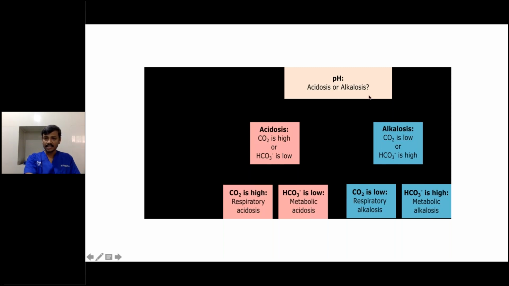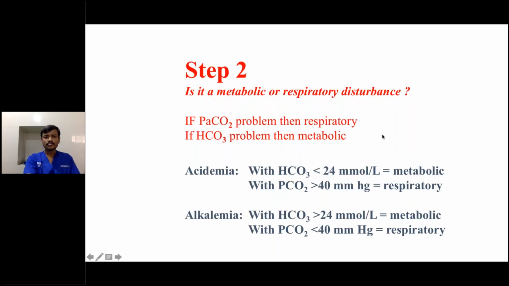If the pH shows alkalosis, more than 7.45, then look again at the carbon dioxide and bicarbonate. If carbon dioxide is low, we call it respiratory alkalosis. If bicarbonate is high, we call it metabolic alkalosis. These are called primary disorders.